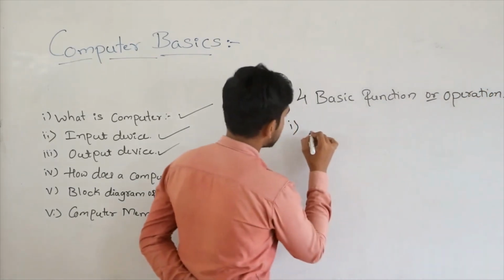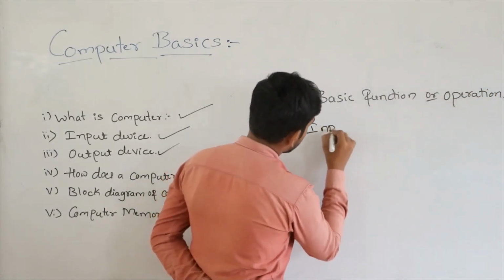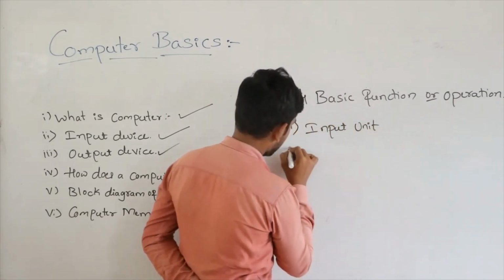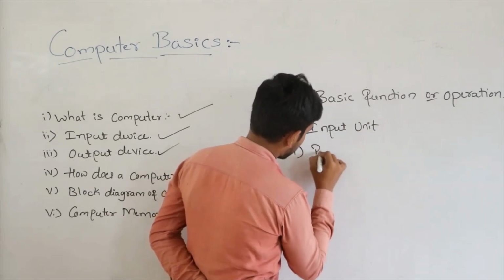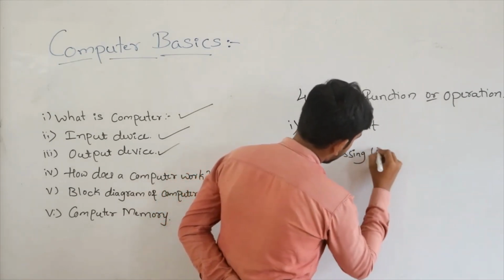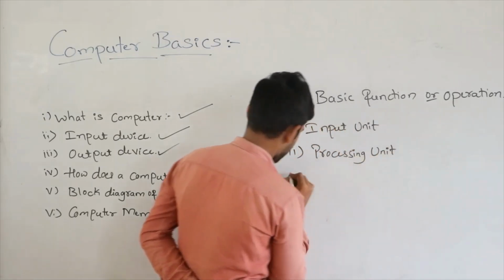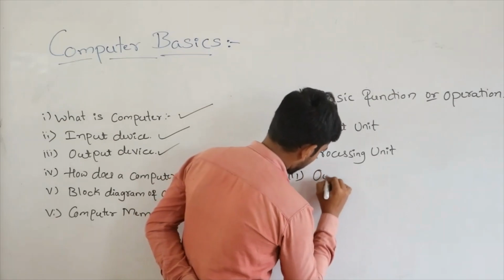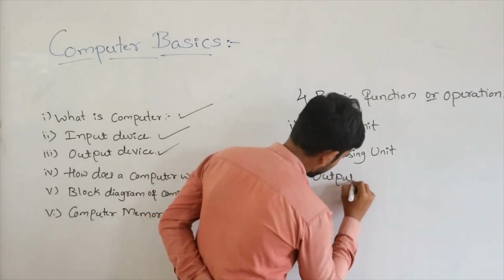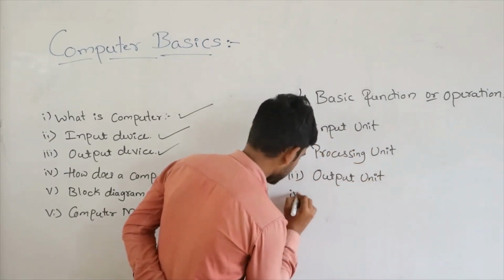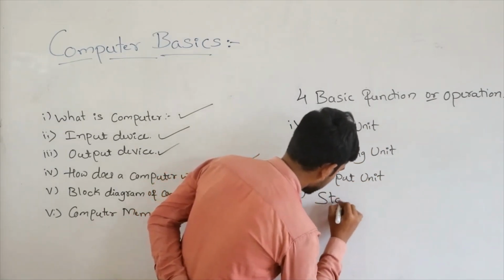The first one is the input unit, the second one is the processing unit, the third one is the output unit, and the fourth one is storage.